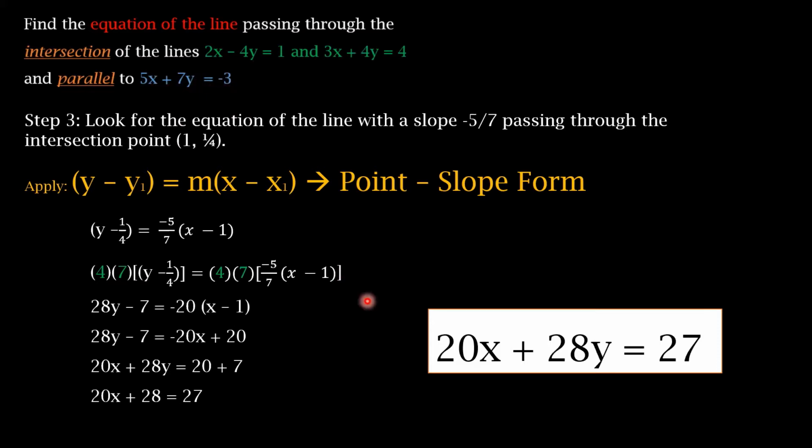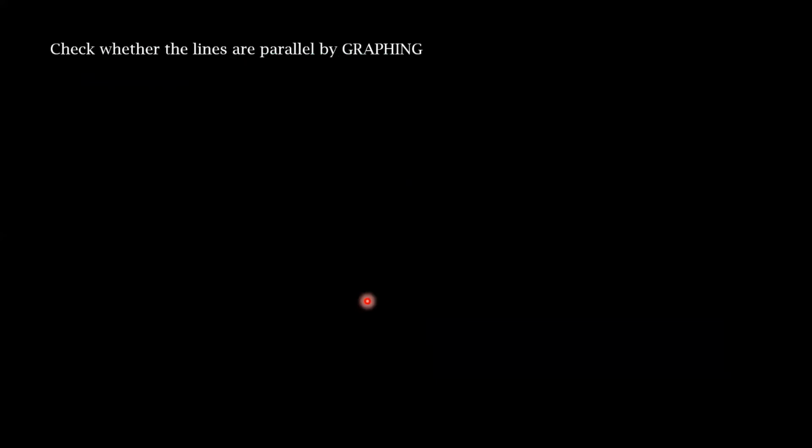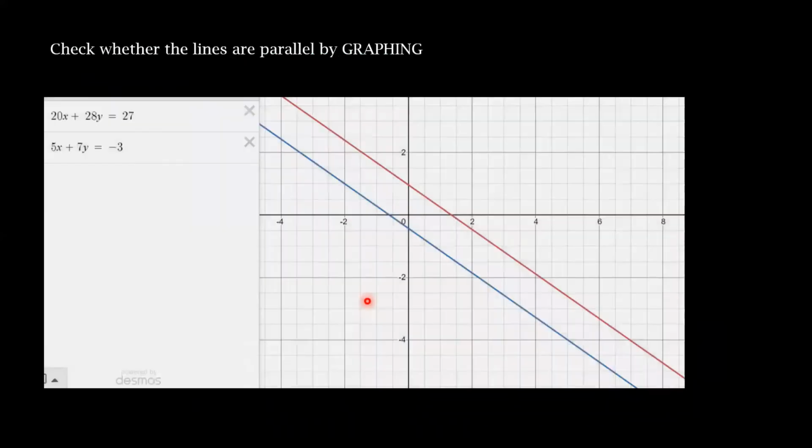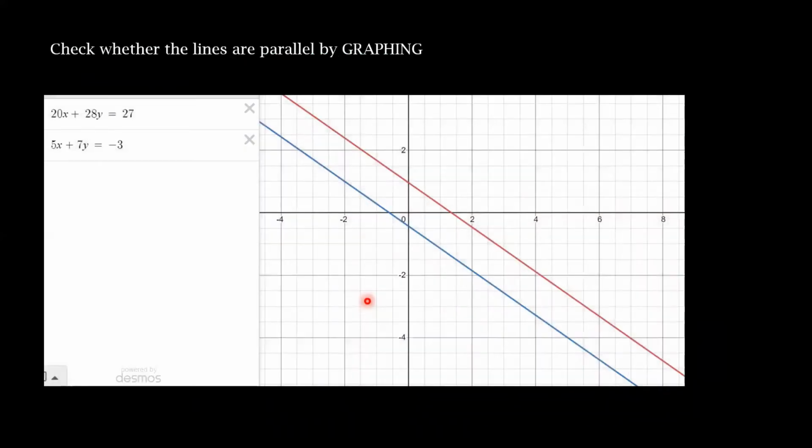To verify these equations, if they really are parallel, we can graph them manually and see how the lines look like. In this case, I just make use of Desmos calculator to see if these two lines would really come up with parallel lines when they are graphed.